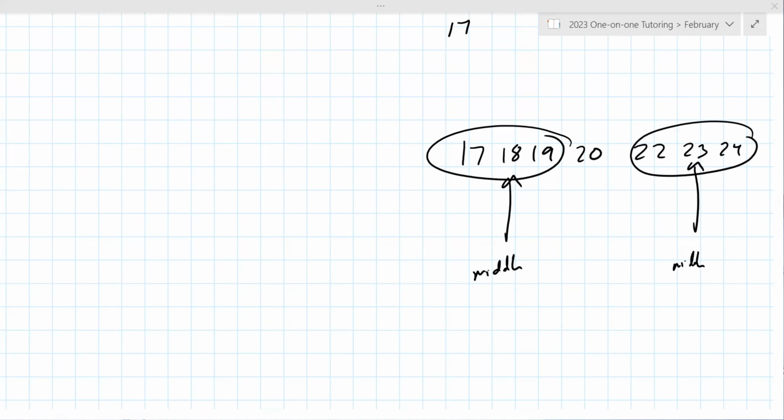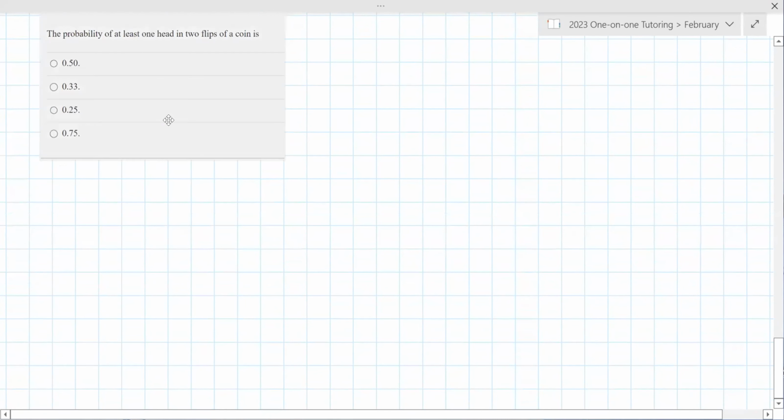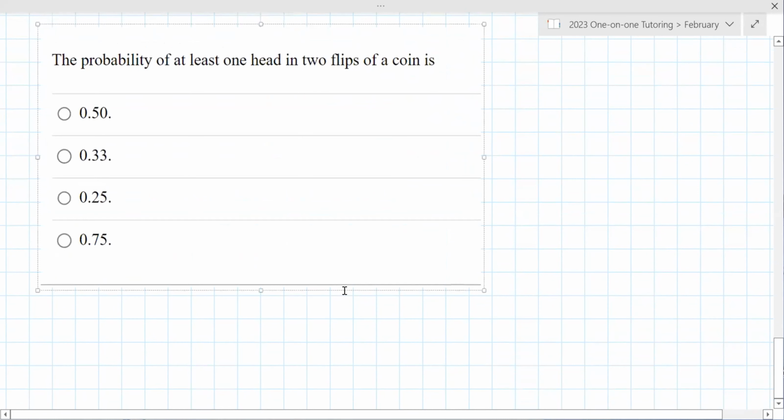Number 5 here. The probability of at least one head in 2 flips of a coin is... so this "at least" is a key part of it. When it's small, like when there's only 2 flips, I would recommend drawing or writing out the sample space.